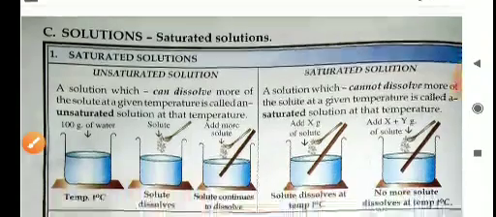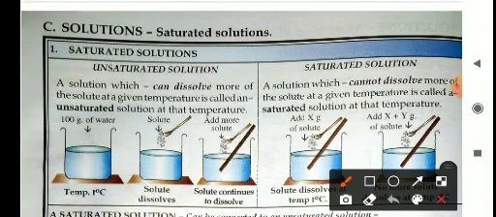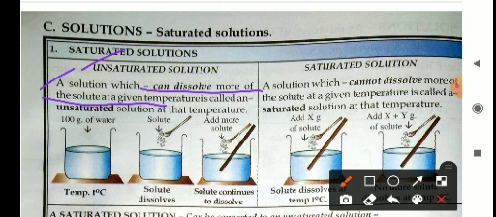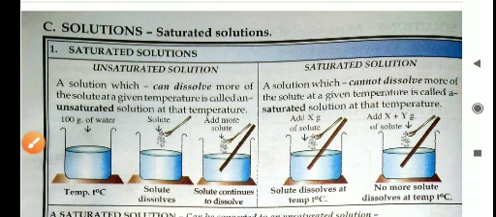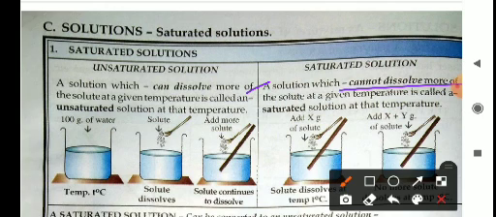Okay, solutions can be saturated or unsaturated. A solution which can dissolve more solute at a given temperature is called an unsaturated solution at that temperature. And a solution which cannot dissolve more solute at a given temperature is called a saturated solution.